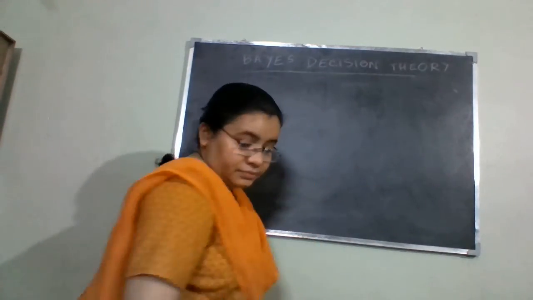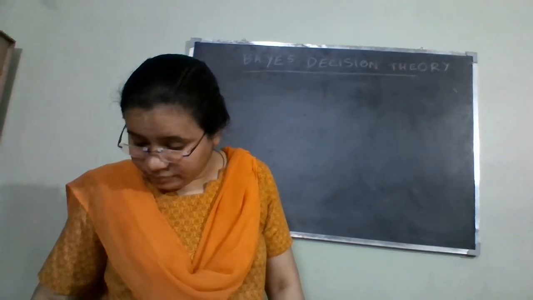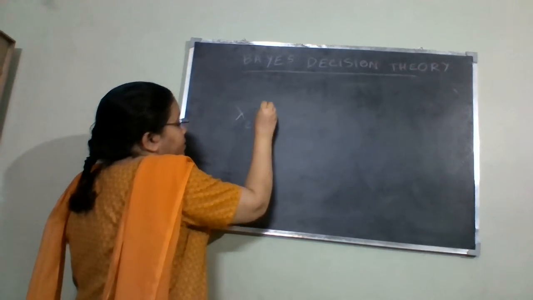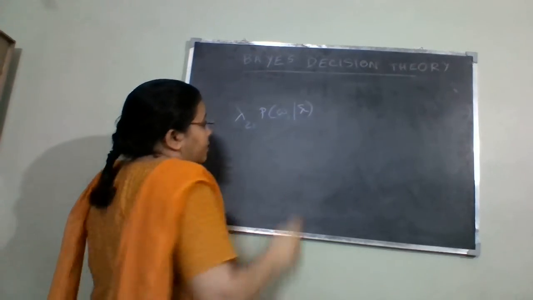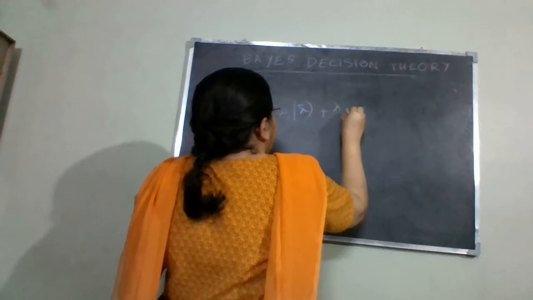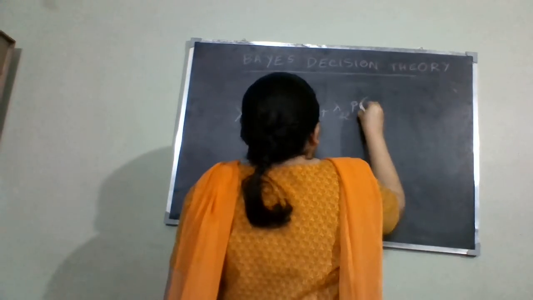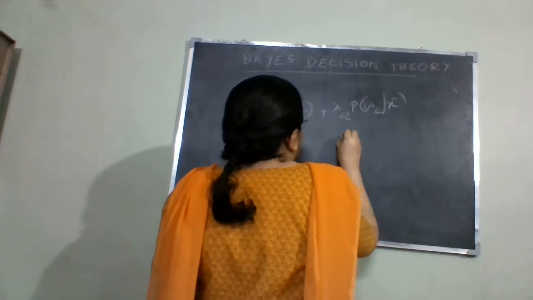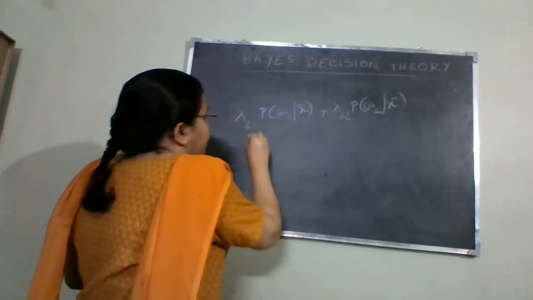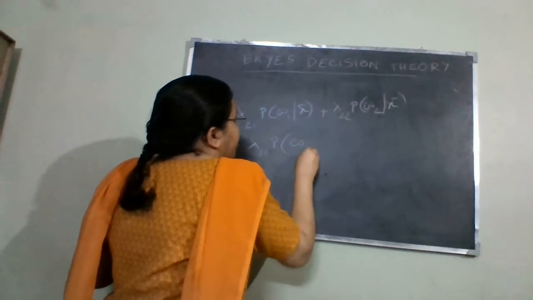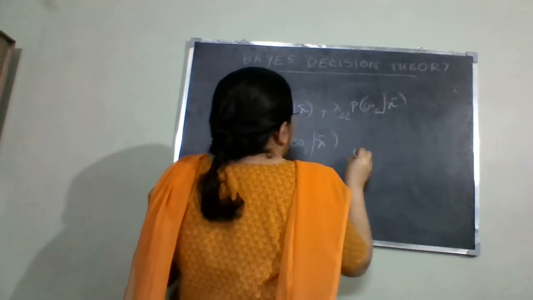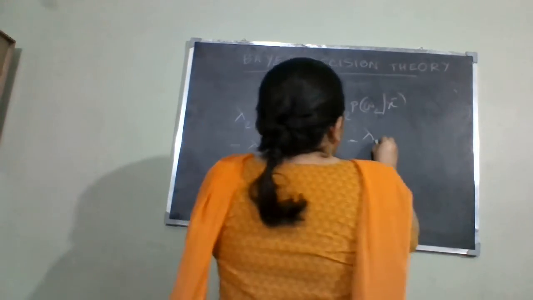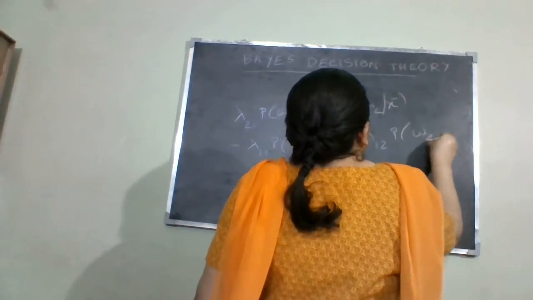So I get lambda 21 p omega 1 x bar plus lambda 22 p omega 2 x bar, this is my r alpha 2 x bar, minus lambda 11 p omega 1 x bar minus lambda 12 p omega 2 x bar.